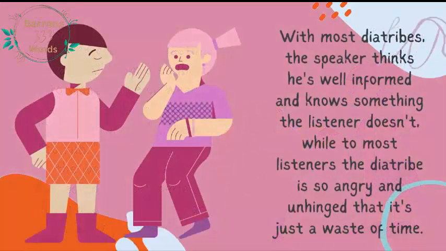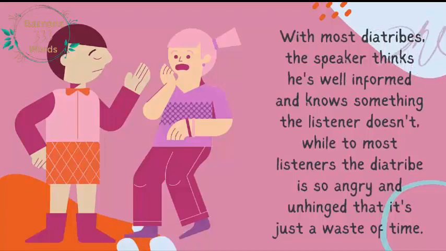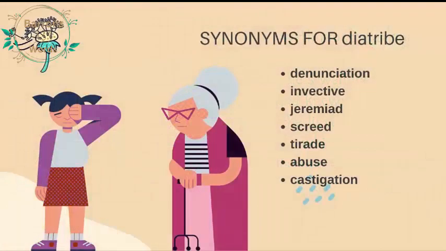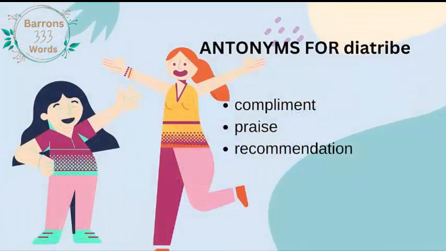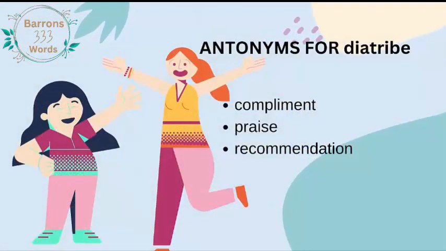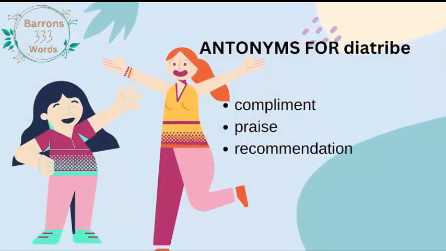With most diatribes, the speaker thinks he is well informed and knows something the listener doesn't, while to most listeners the diatribe is so angry and unhinged that it's just a waste of time. Synonym. Denunciation, invective, jeremiad, screed, tirade, abuse, castigation. Antonym. Compliment, praise, recommendation.